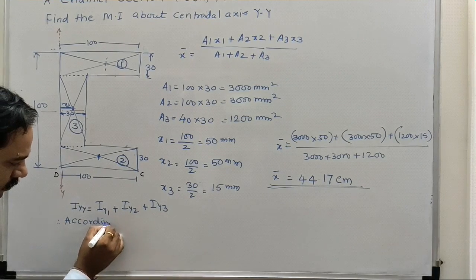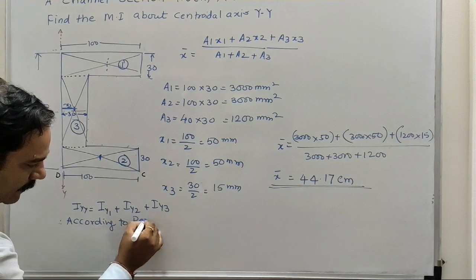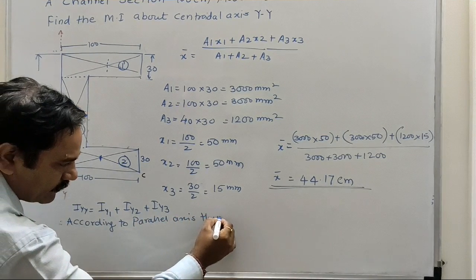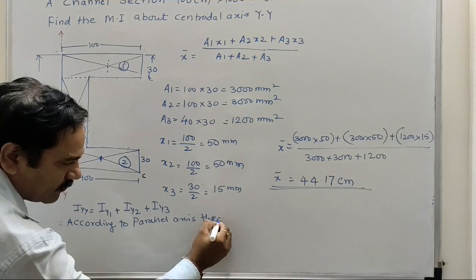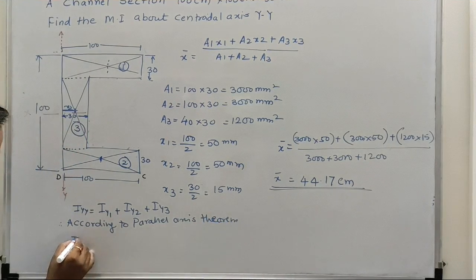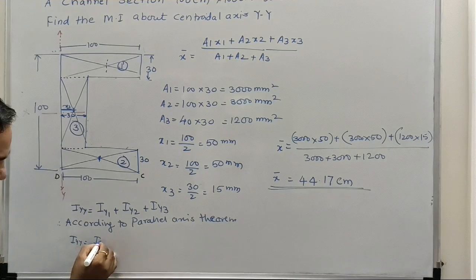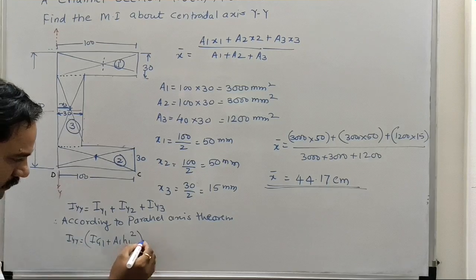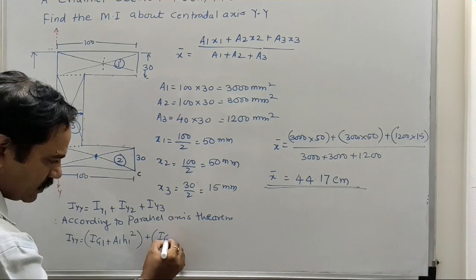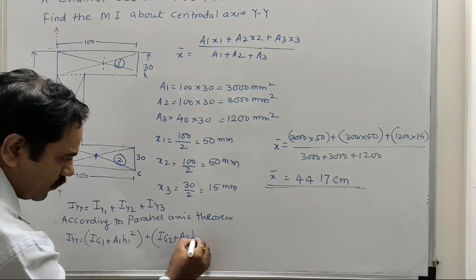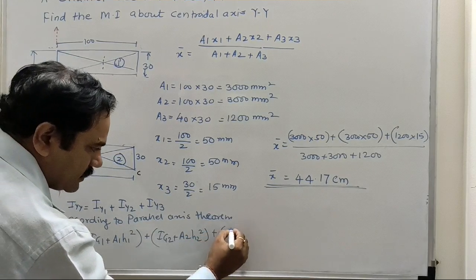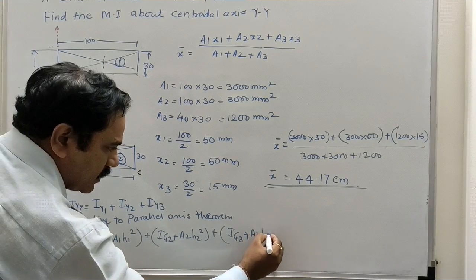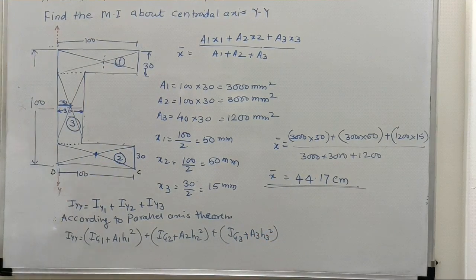According to the parallel axis theorem, this IYY means IG1 plus A1 H1 square plus IG2 plus A2 H2 square plus IG3 plus A3 H3 square.